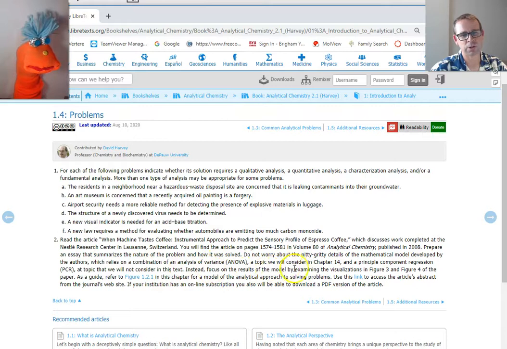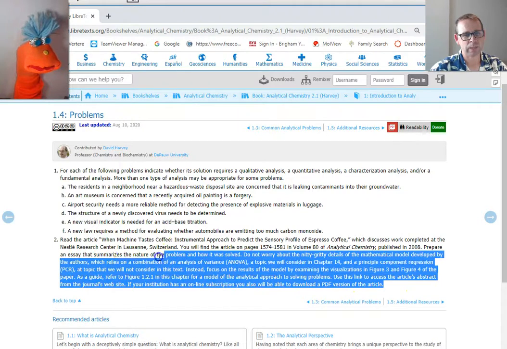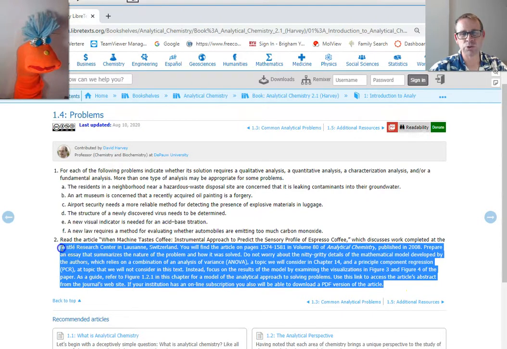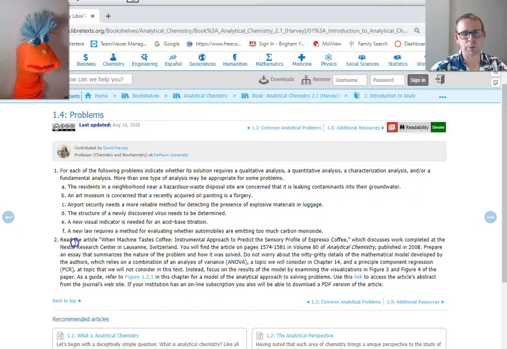Focus on the results of the model by examining the visualization in figures 3 and 4 of the paper. There are some other specifics in here. I'll let you read through this and learn more about what they're describing and what we're trying to learn from this article.